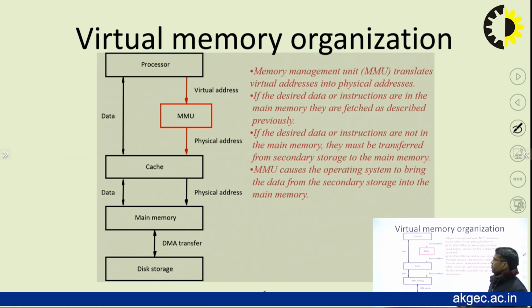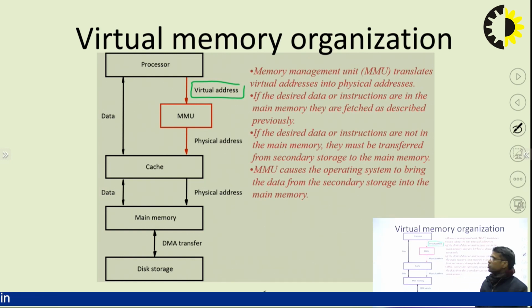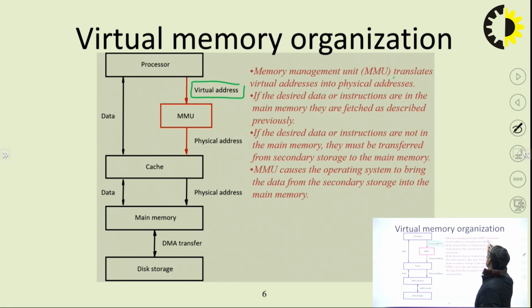Now, if we see this diagram, whenever a processor requests any address to refer to data or an instruction, it goes to a special unit called the memory management unit. This memory management unit translates the virtual address into the physical address. So, the output of the memory management unit is a physical address.